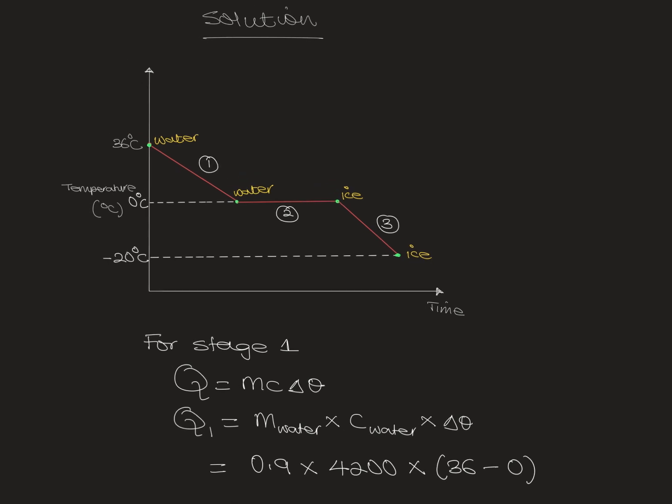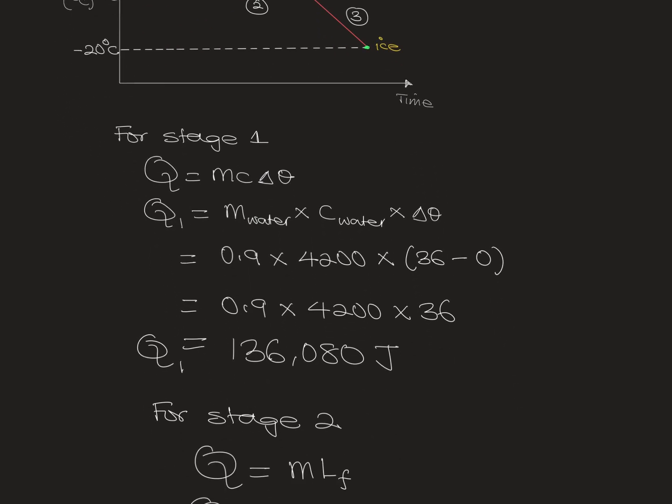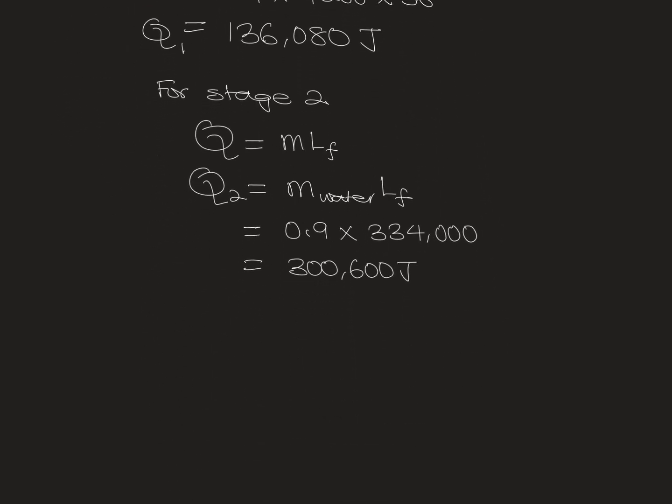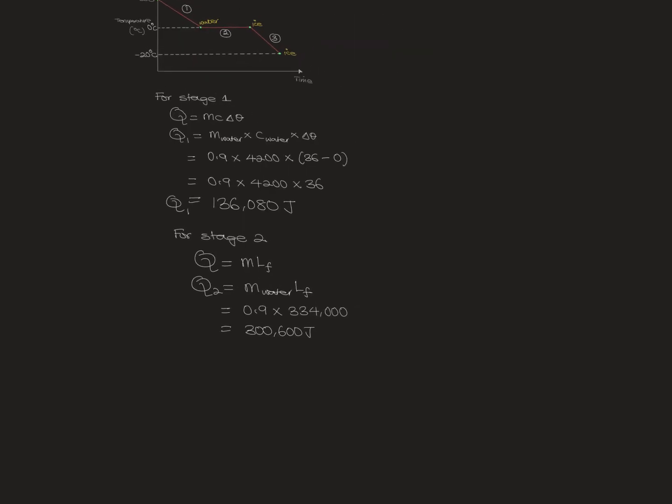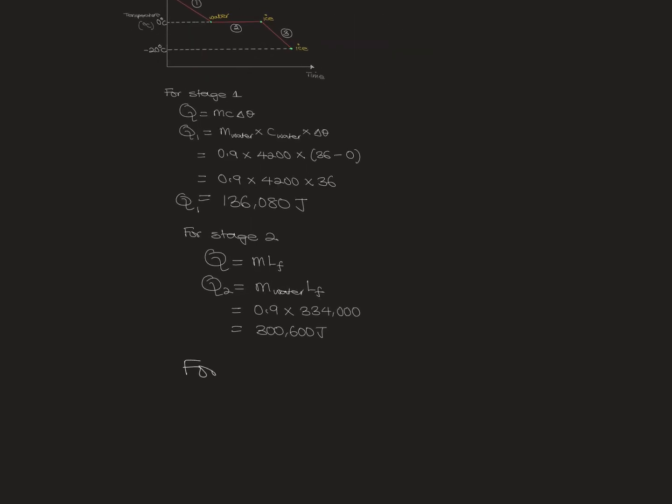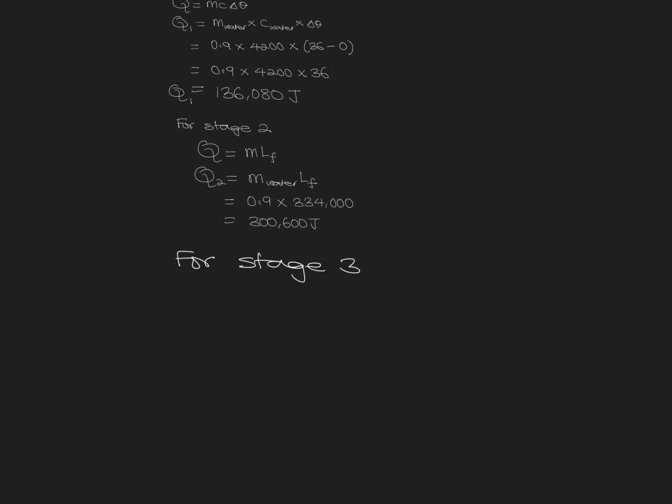Moving on to the third phase, we have ice that is at 0 degrees Celsius that becomes ice at minus 20 degrees Celsius. So that involves a change in temperature. For stage 3, we're going to use Q is equal to MC delta theta.